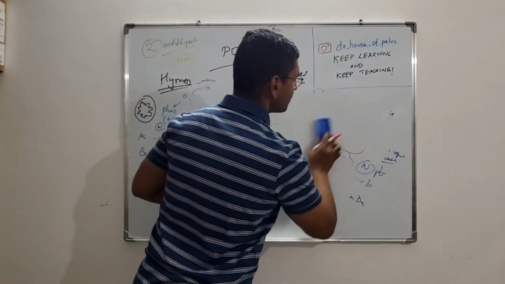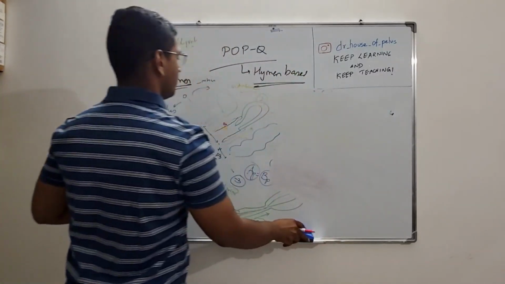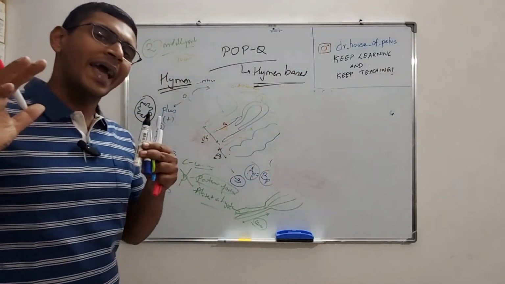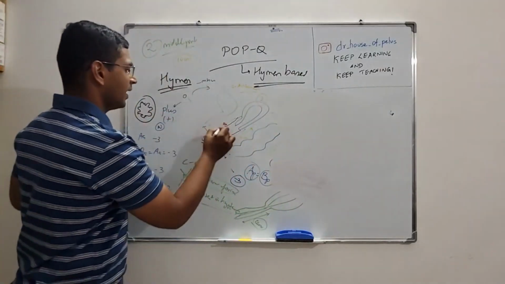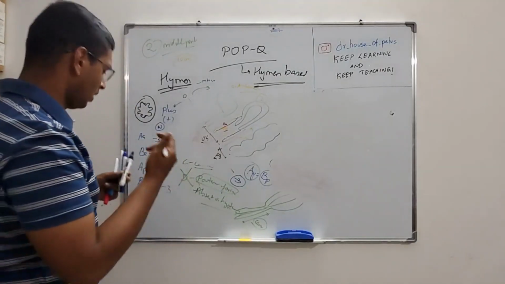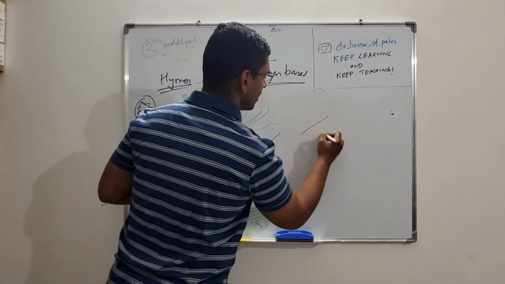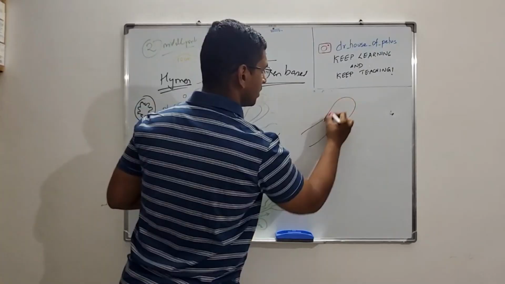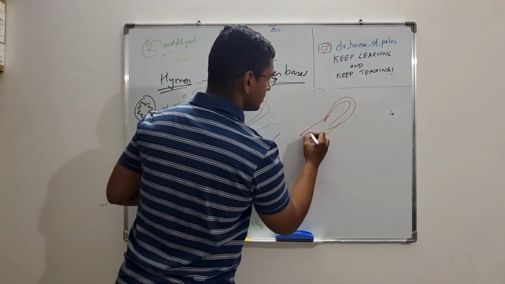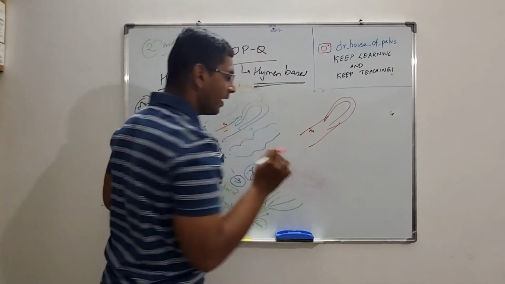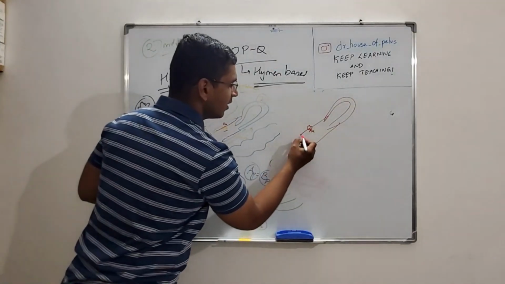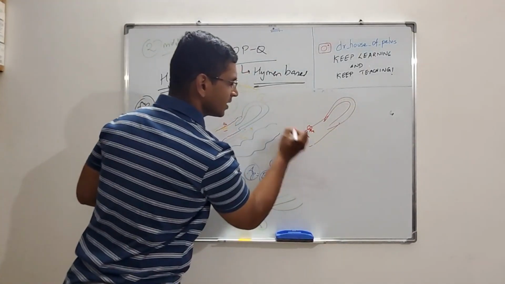Now tell me, to what extent can this point AA go down to? This is the anterior vaginal wall, this is the uterus, this is point AA. I have told this is a fixed point which is 3 centimeter proximal to the external urethral meatus.